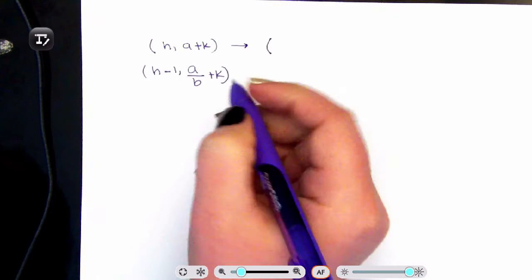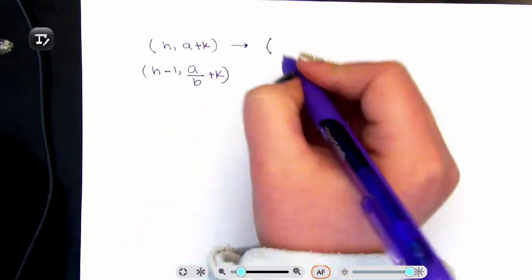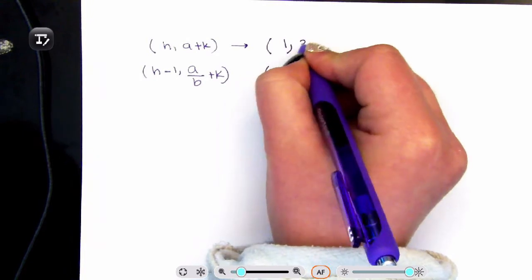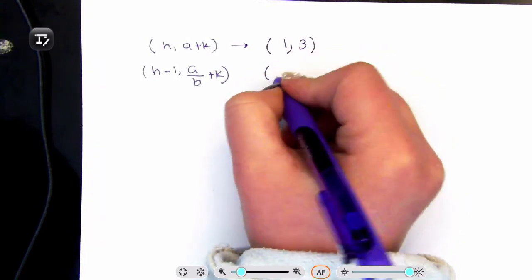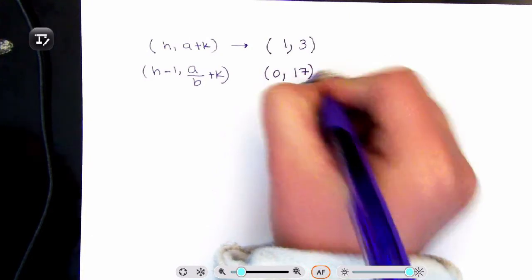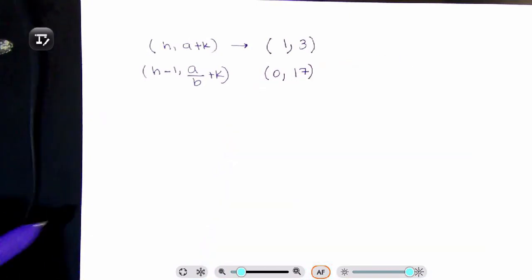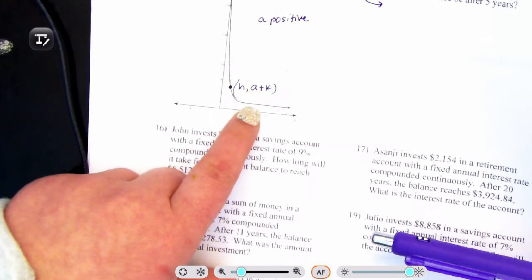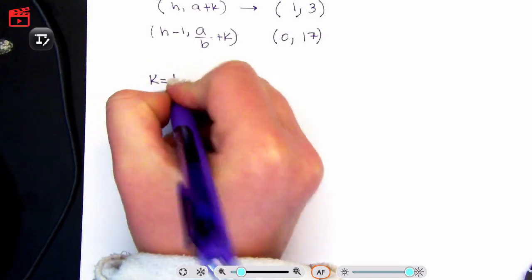So this one is 1 and 3. The secondary point is 0 and 17. Our asymptote, if you're looking at your graph, is at 1. So your k value is 1.